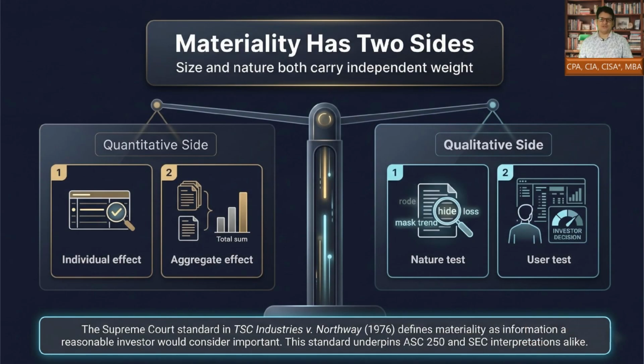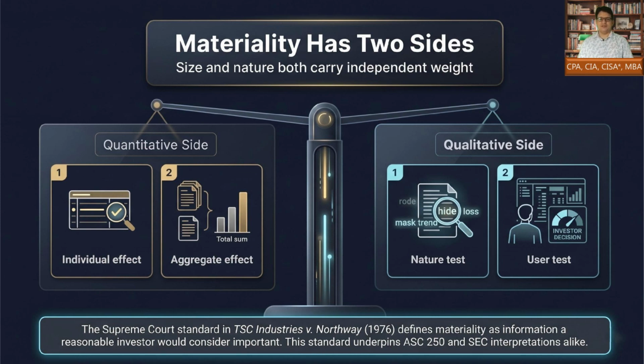Materiality has two sides, quantitative and qualitative. The quantitative side asks whether the dollar amount is large enough relative to a relevant base, such as net income, total assets, revenue, or equity. It also asks whether misstatements become material in aggregate. The qualitative side asks whether the nature of the issue makes it important even if the amount is small.